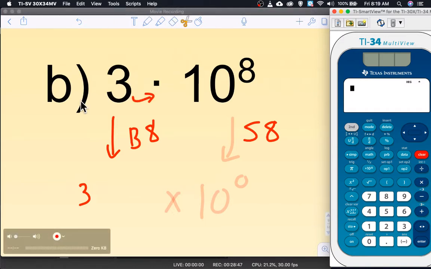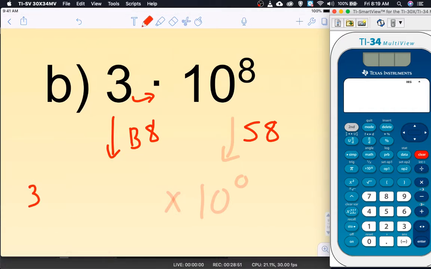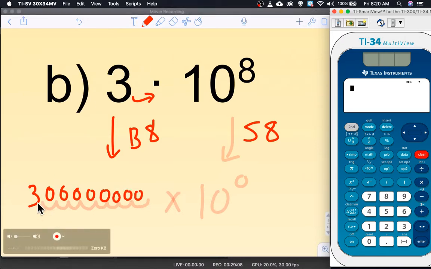So actually, as I do that, I need to move this 3 over. So I'll use my ghost tool. 1, 2, 3, 4, 5, 6, 7. I moved it over 8 places, and all of these spots get filled with zeros. I'm going to double check quick. I moved over 1, 2, 3, 4, 5, 6, 7, 8 places.